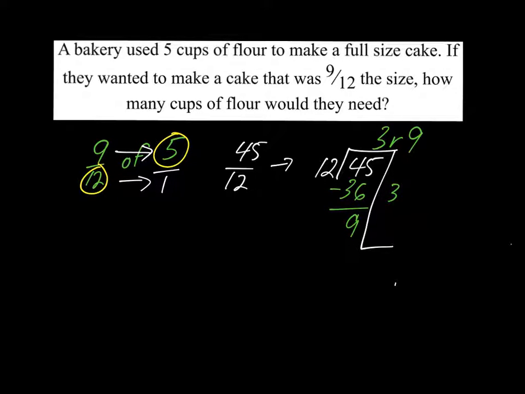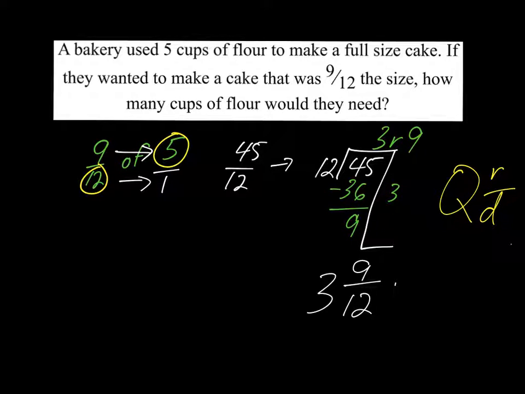I remind myself all the time that QRD helps me remember where to put everything for my answer. The 3 is my quotient, the remainder is my numerator, and the denominator, which is 12, stays the same. And we need our label: 3 9/12 cups of flour.